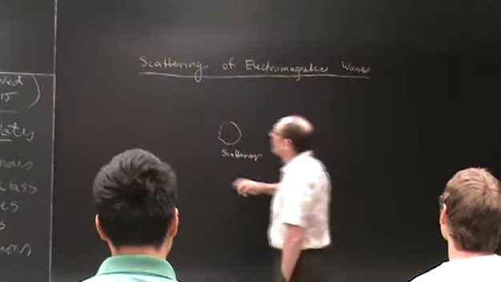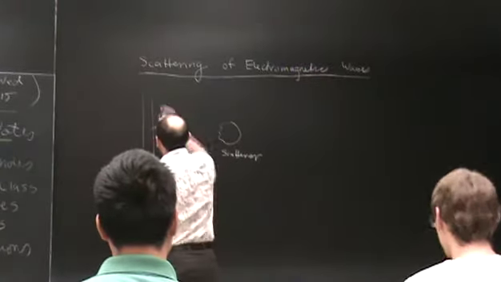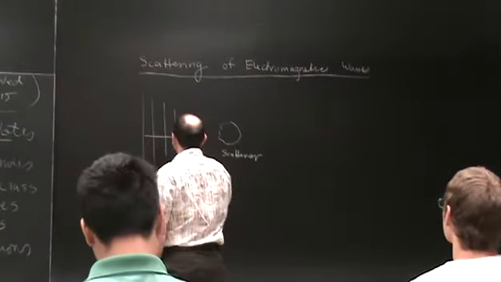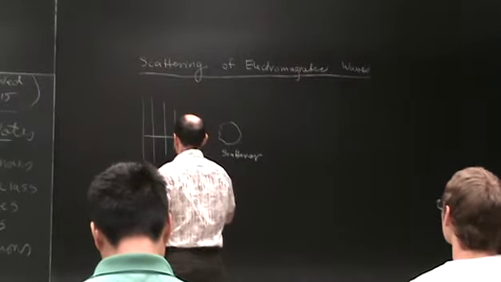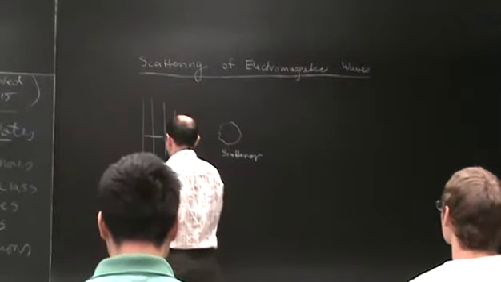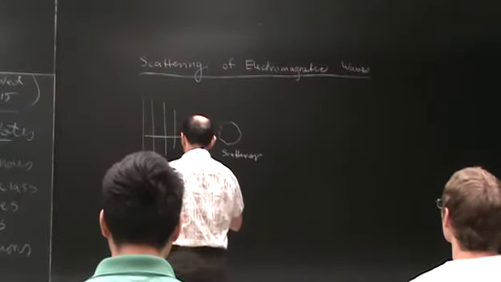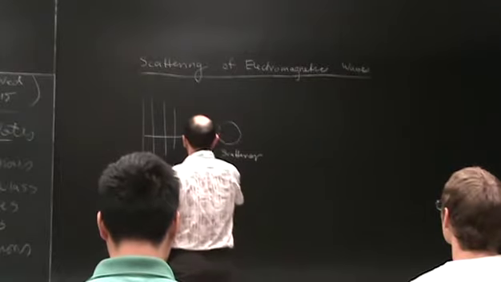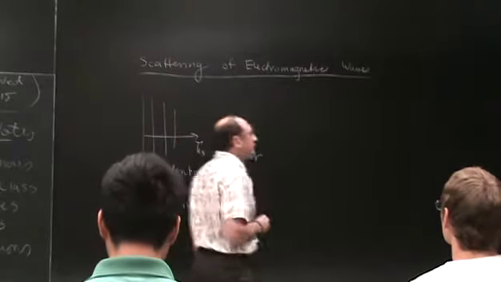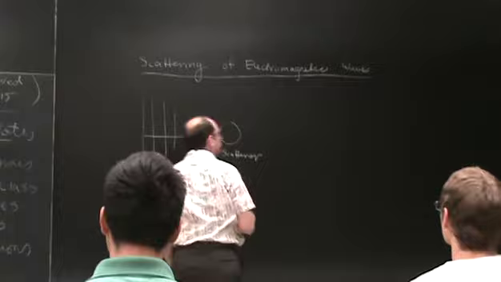We're looking at some localized scatterer. We have some incident wave, which we'll think about as a plane wave with some incident wave vector.